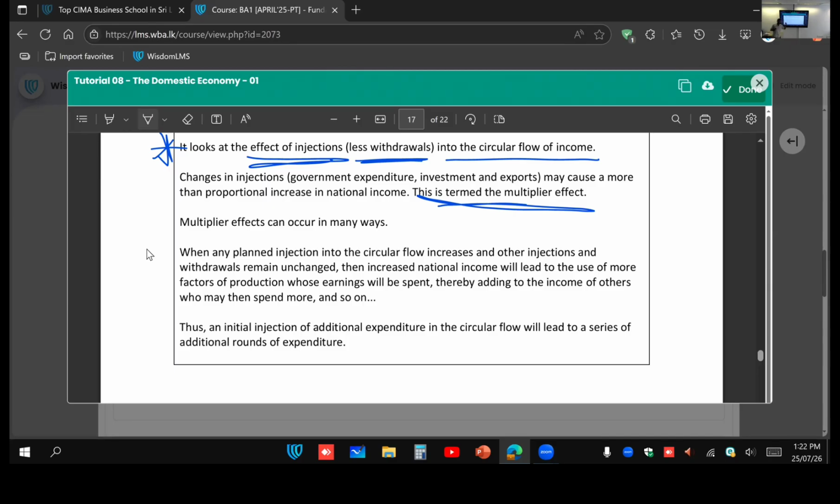Where did we learn this kind of thing previously also? A multiplier. Where did we learn? I mean, during my class. Multiply effect. Credit multiplier. Where did credit multiplier come? Financial markets, specifically in banks.